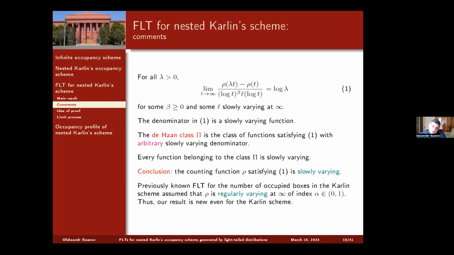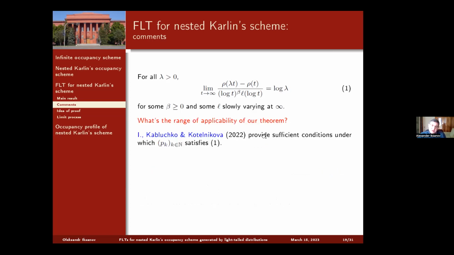A natural question is, what is the range of applicability of our theorem, that is, which probability distributions p_k satisfy condition 1 and which don't? We provided in our article sufficient conditions ensuring that the given probability distribution satisfies condition 1.